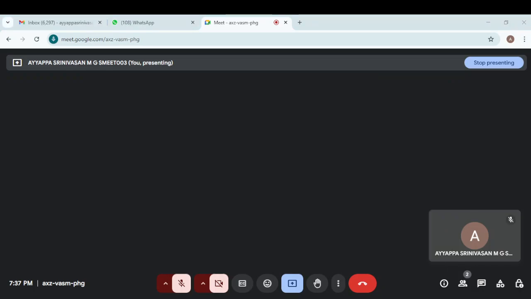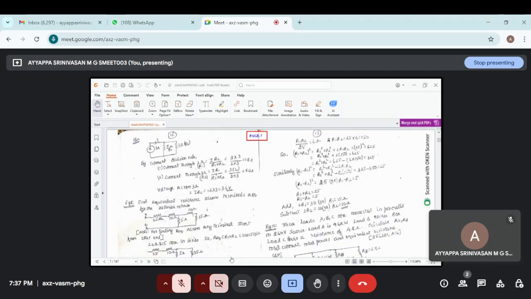Then we will see some problems. So now we have another thing called the voltage division or current division rule. In two resistances, if current flows, the current through each resistance is given by the following formula.